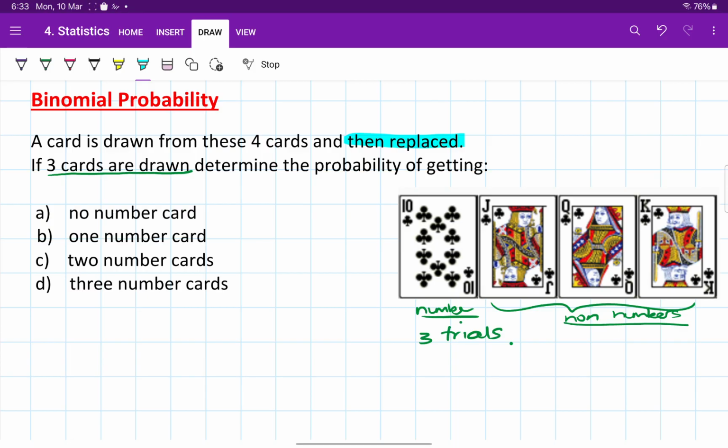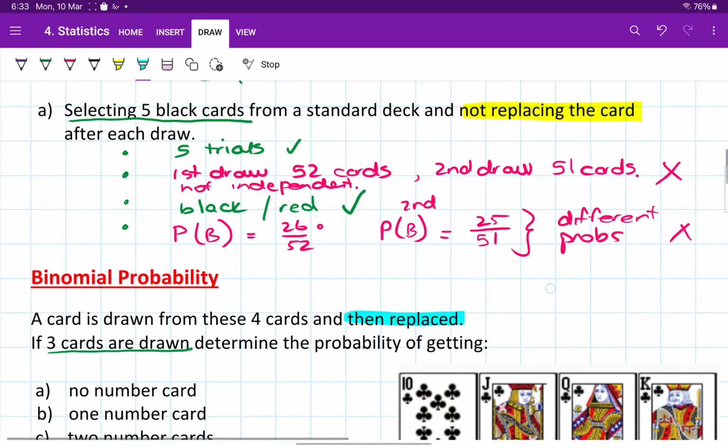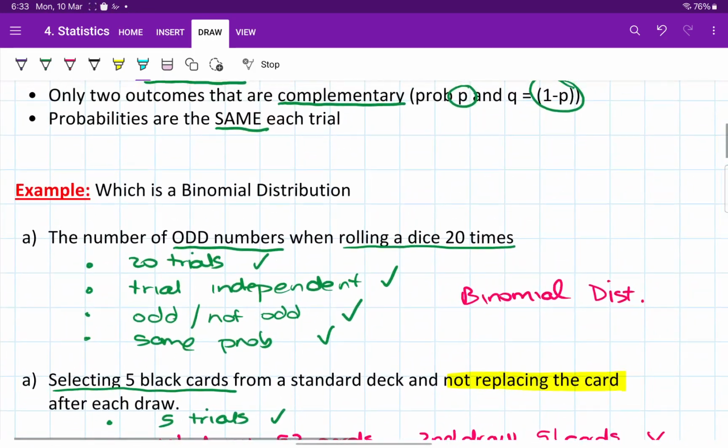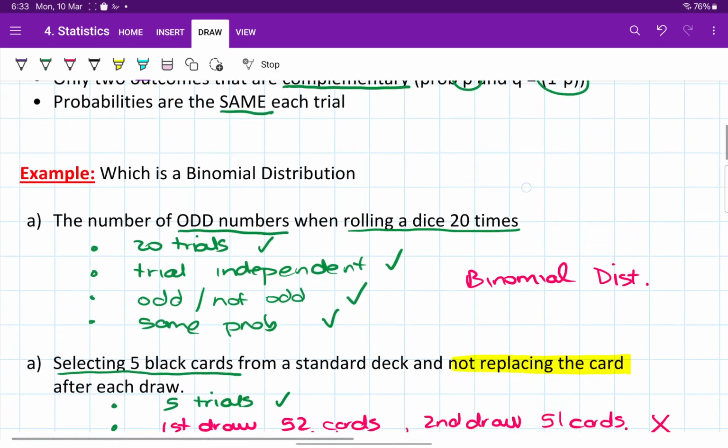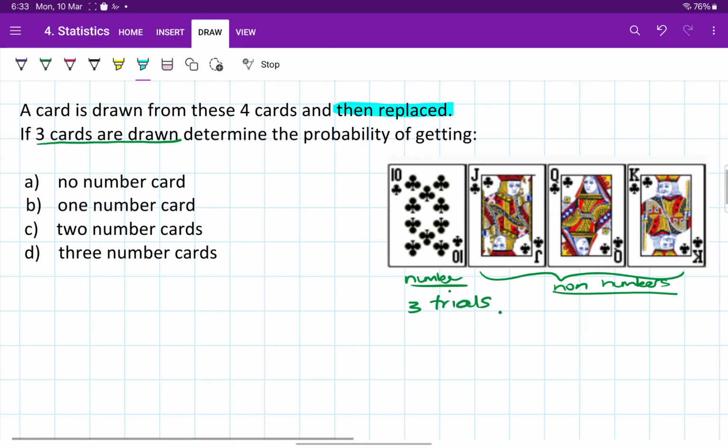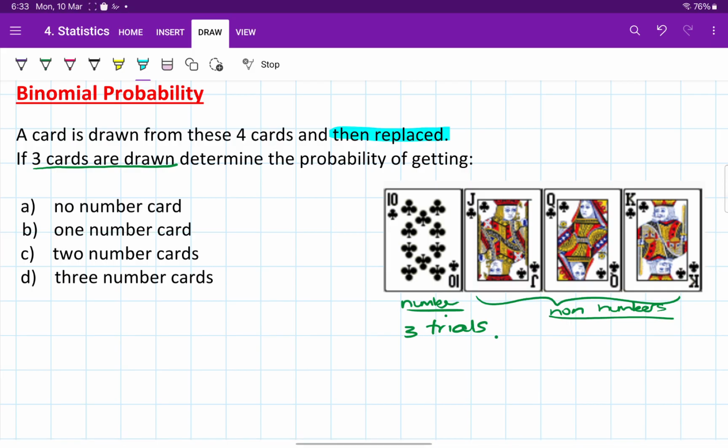They are independent. The chance that I get a number on the first draw is the same as getting a number on the 4th draw. The probabilities are the same each trial, and the two outcomes are complementary. So this is an example of binomial probability.